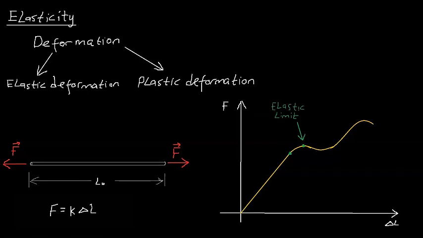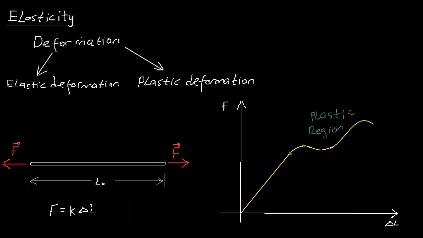Further along on the graph from the proportional limit, we get to another point called the elastic limit. Between the proportional limit and the elastic limit, the wire still remains elastic, but the relationship between the force and the elongation is no longer a straight line relationship. So we can call the region between zero force and elongation to the elastic limit the elastic region of the material. Beyond the elastic limit, we have the plastic region.